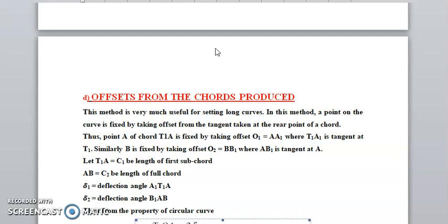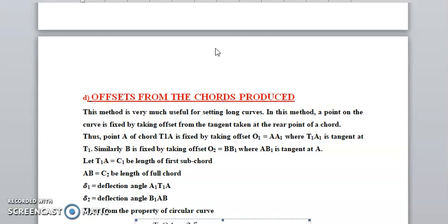Point A and chord T1A are fixed, where A1T1A are tangent of the simple curve, and B1 is on the tangent at A. Let T1A equal C1, the length of the first chord, and AB equal C2, the length of the full chord. Delta is the deflection angle, the angle B1AB.